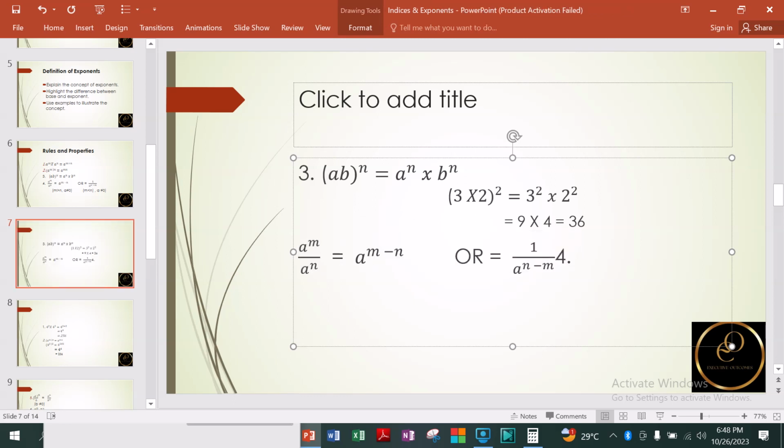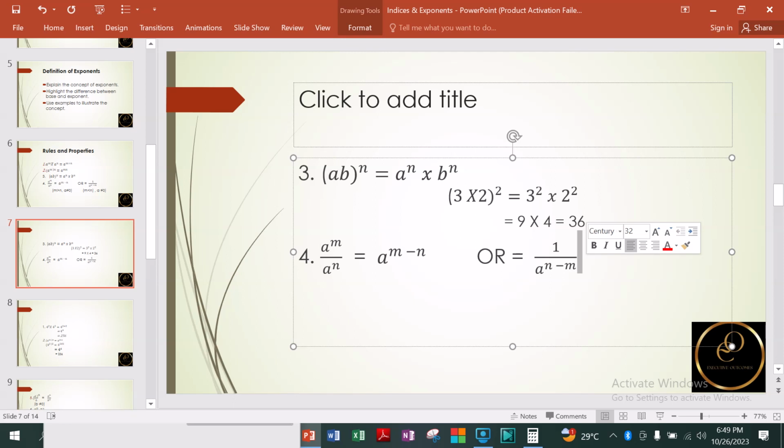There you are. So let me look at using the first one. This is the fourth property. Okay, let's see how this is done.